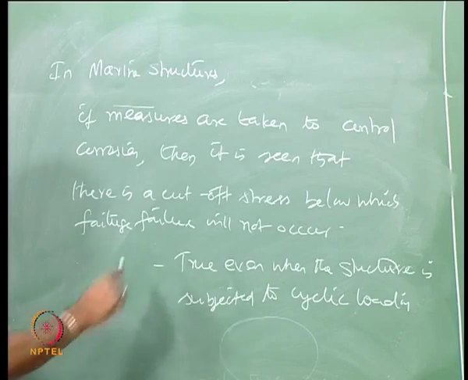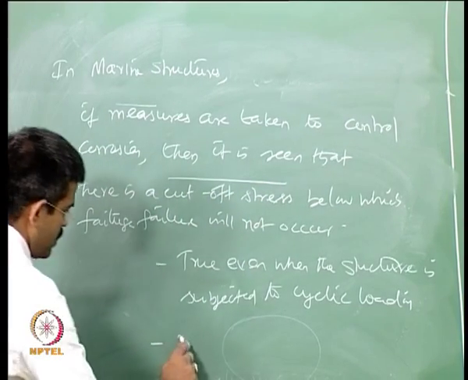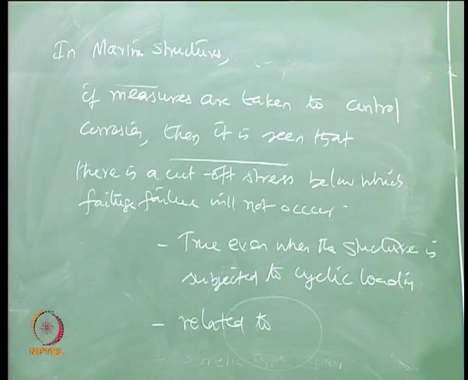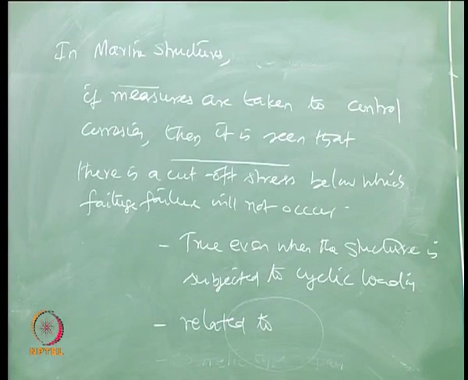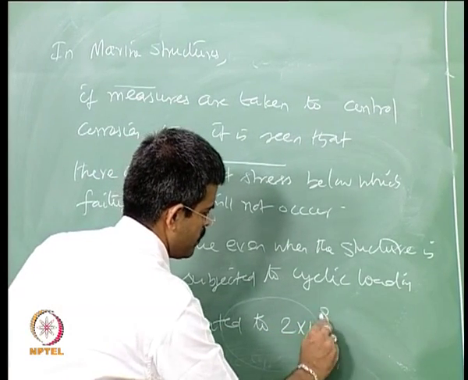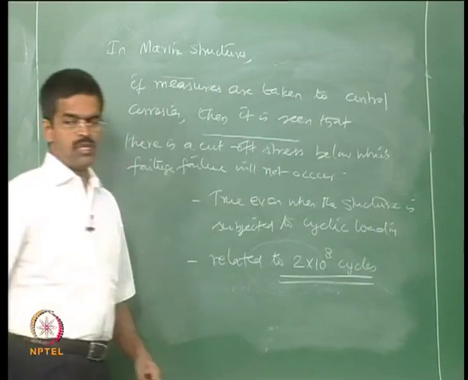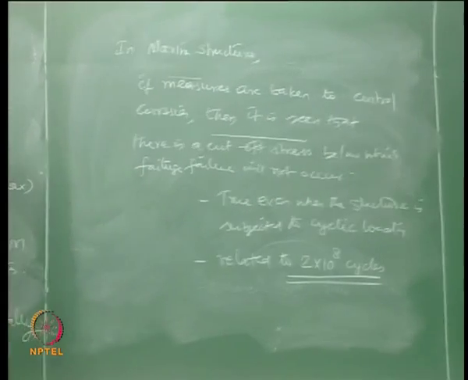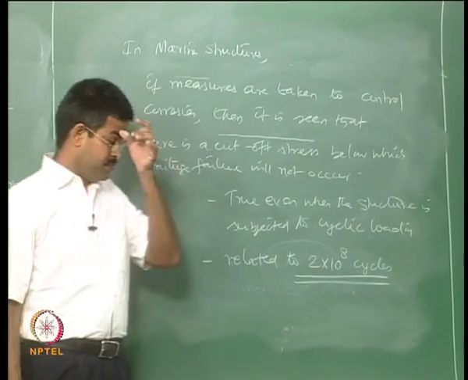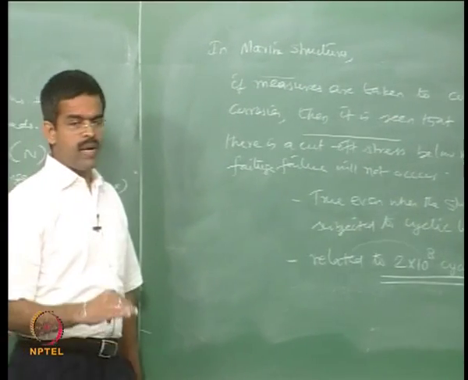And that cut-off stress is related to 2 into 10 power 8 cycles. So, that cut-off stress corresponding to 2 into 10 power 8 cycles in the SN curve is the threshold value.